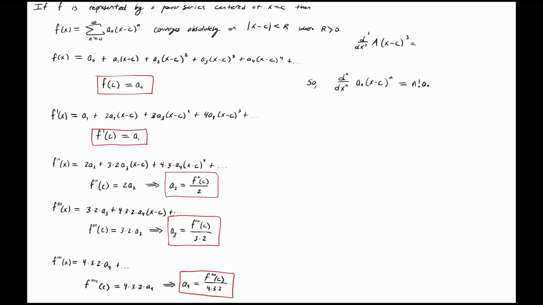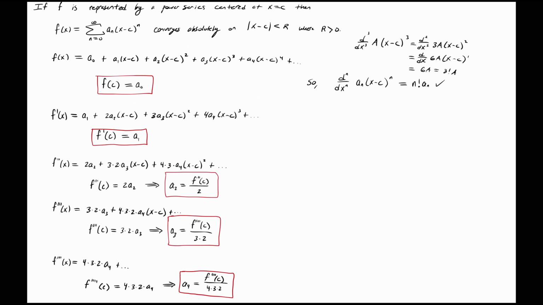Sorry. This would be 3A (x minus c) squared, and then another derivative of that. So two more derivatives, I should say. So this is going to be the derivative of 6A (x minus c) to the first power. The derivative of that is 6A, that's it. And 6 is 3 factorial times that coefficient. So that does check out.